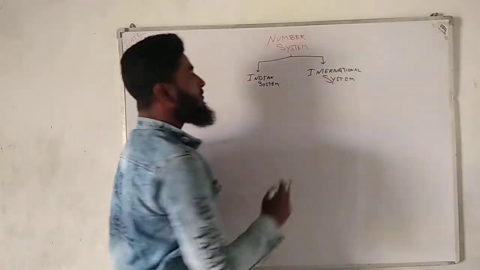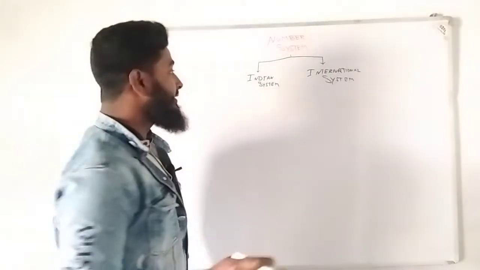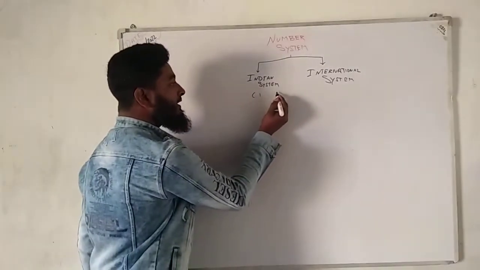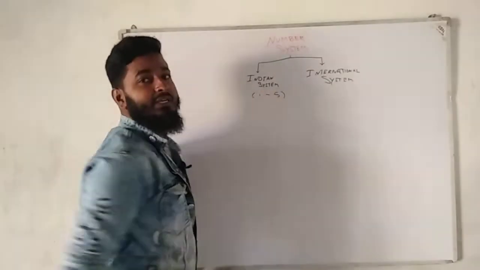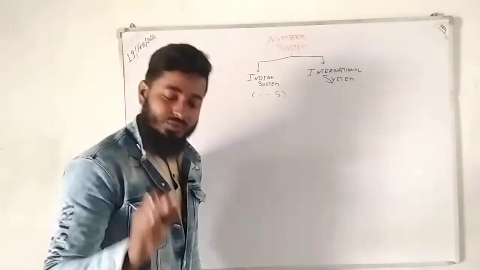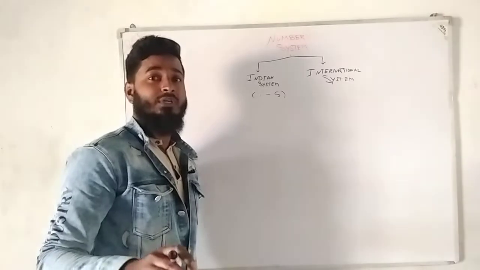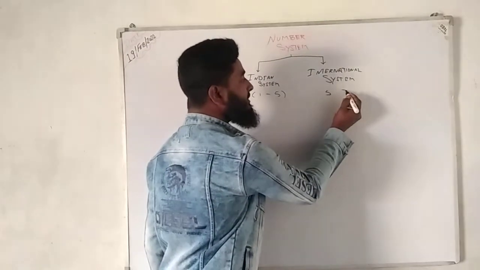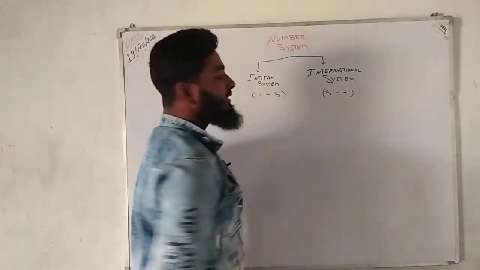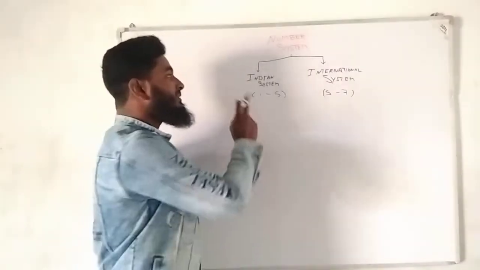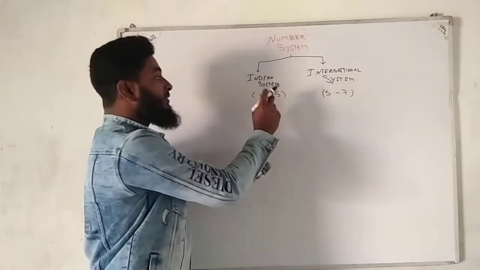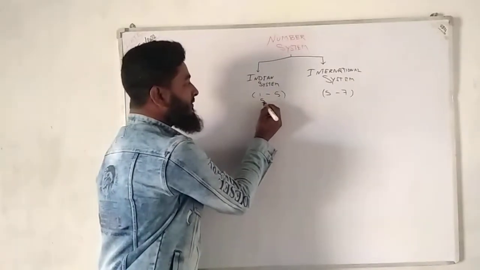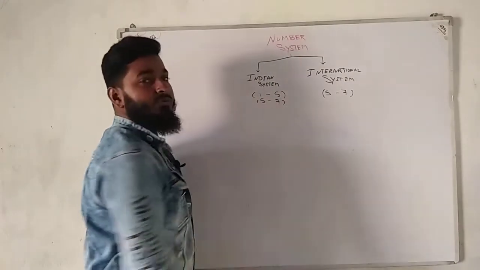The difference is that the kids from class 1 to class 5 are going to deal with the Indian system only, but from class 5 to 7 we have the international system as well. But it does not mean that the Indian system is absent here, it is also there. So basically the Indian system is used from 5th to 7th also.